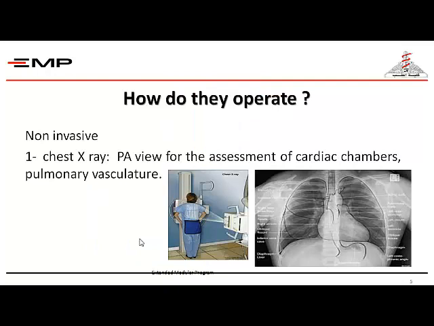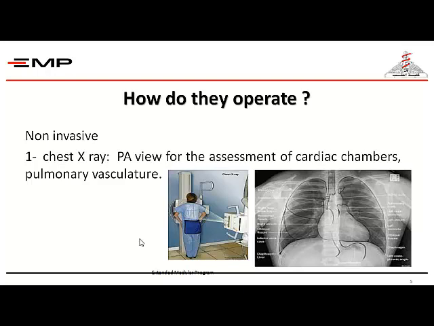How do they operate? We will start with the non-invasive tests, and the first is the chest X-ray. For the cardiac views, you have to have a PA view for the assessment of the cardiac chambers and the pulmonary vasculature.